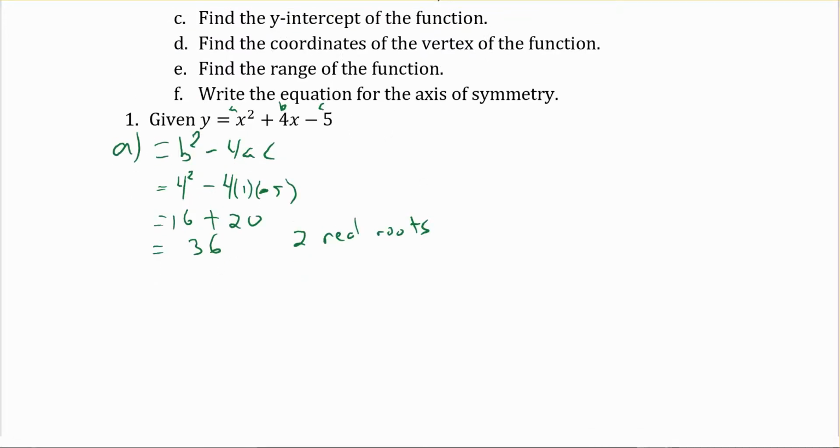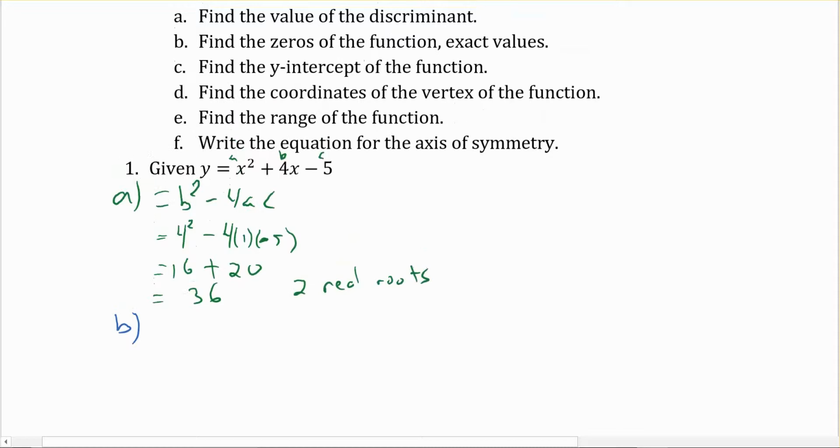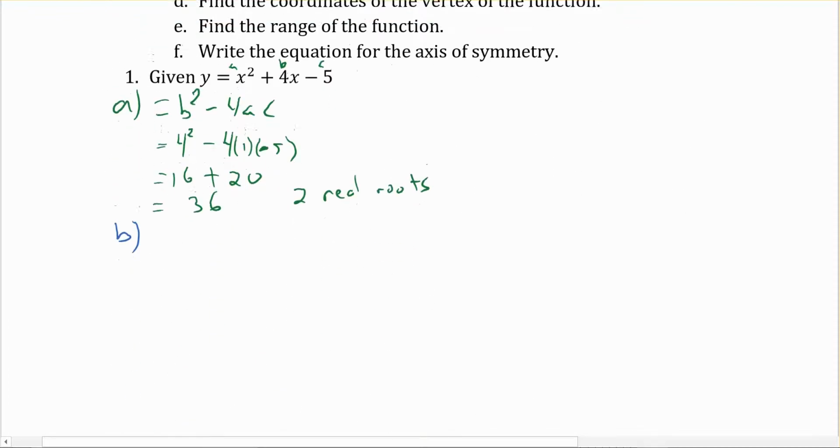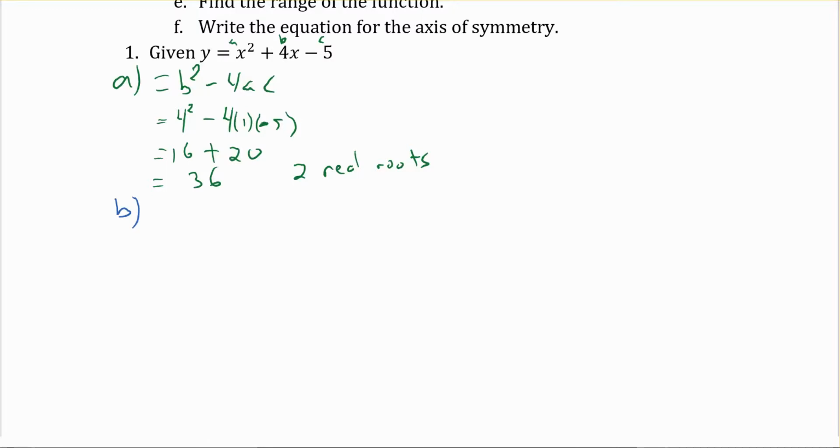Okay, B, let me do a different pen here. So B is saying, scroll up a little, find the zeros of the function, exact values. Remember I said that this factored format is going to be the best one for finding our zeros. So what that really means is we just need to factor this equation to figure out what our zeros are.